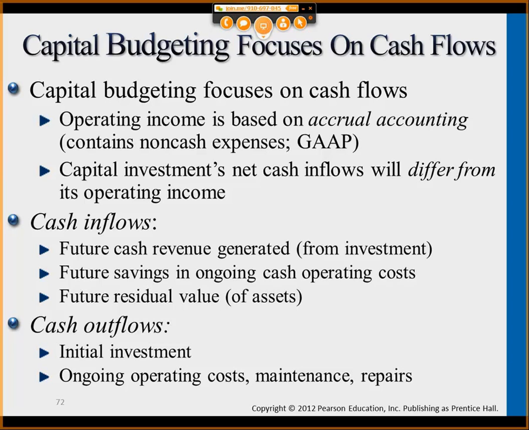Quite often, just naturally, capital budgeting is going to tell us that the cash outflow is going to be significant. So the initial investment is quite large. We're also going to include our ongoing operating costs, maintenance and repairs.